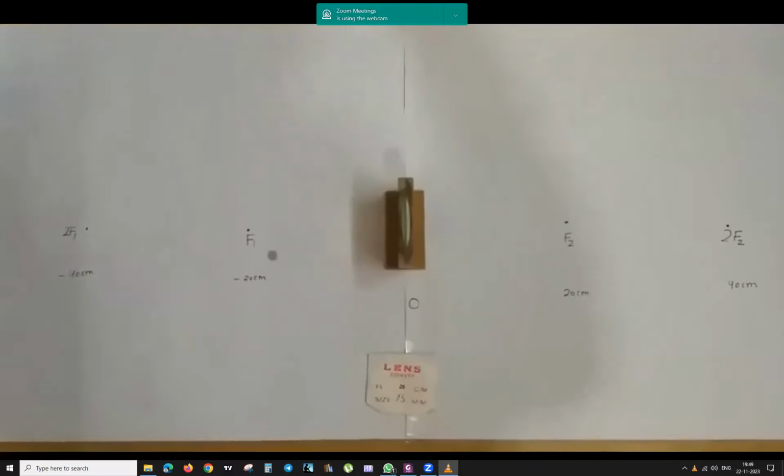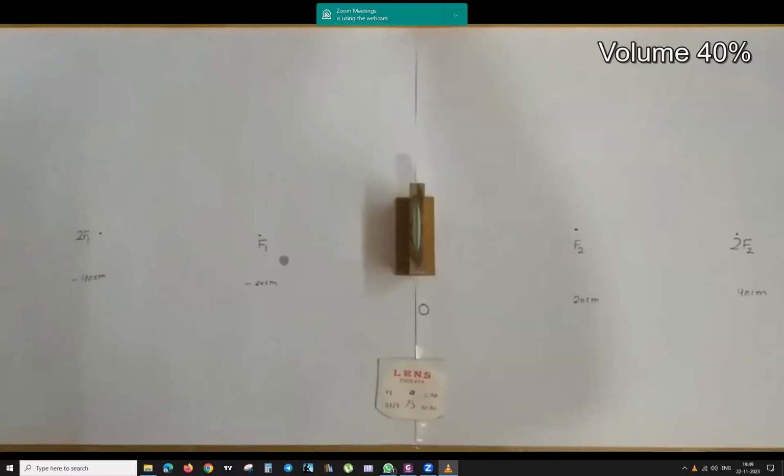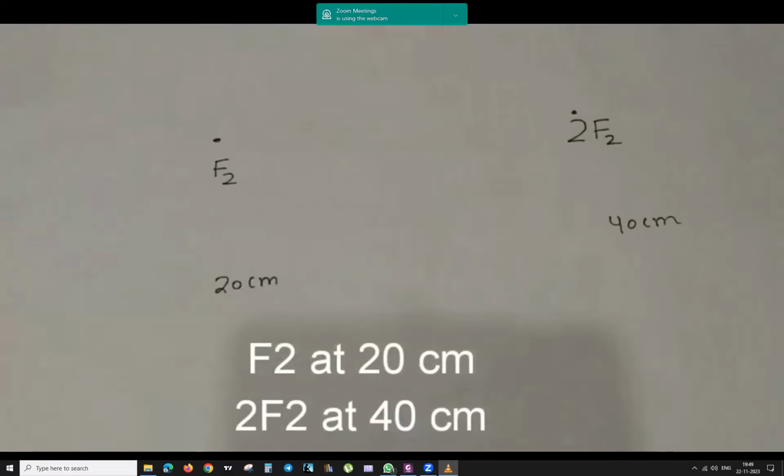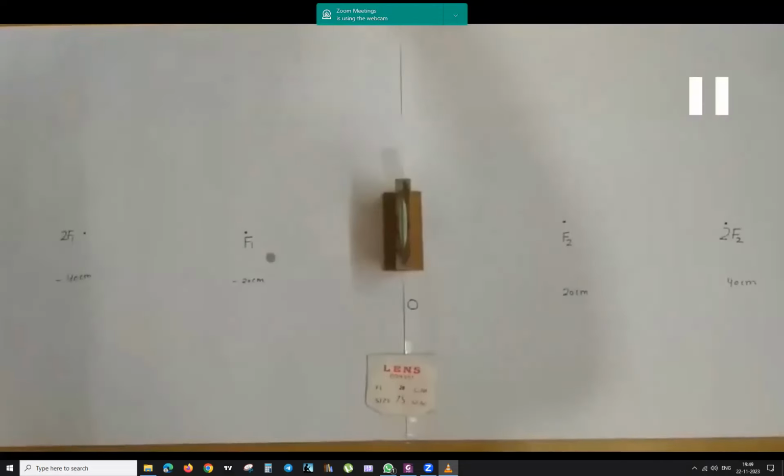So there are two focuses on either side, depending on which side the light rays are coming from. So lens, you can see the setup there. Focus on left hand side, right hand side, 2f on both the sides. So for a lens, you have two focuses and two 2fs here.